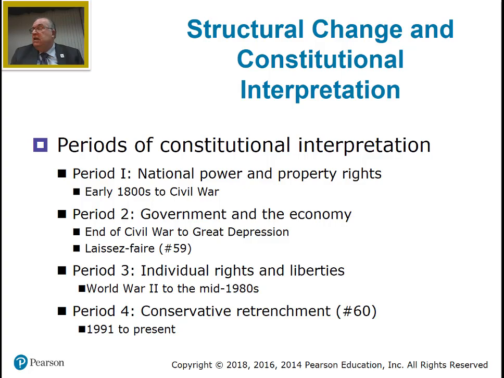So number 60, what is the criticism of original intent? And I would say it's conservative retrenchment, which is that the expansion of the rights in period three, particularly during the 1960s, for desegregation and rights about criminal rights, that was illegitimate, did not have a constitutional basis, and we need to pull back.